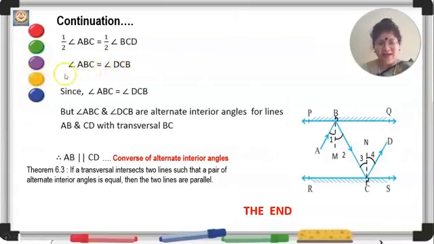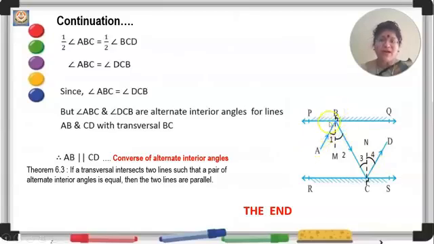Now, if angle ABC is congruent to angle DCB, let's look at where those angles are. That is, this angle ABC, full angle, is congruent to this full angle. They are Z-shaped angles. They are congruent, but they are alternate angles. So we have proved these alternate angles are congruent.